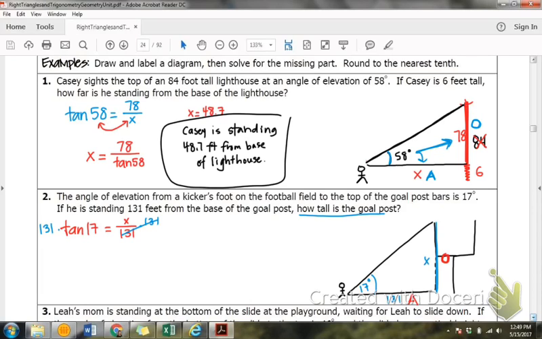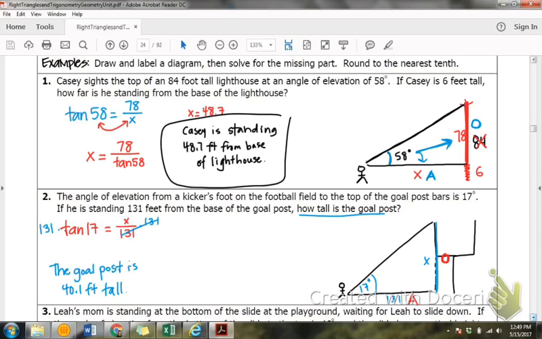Katie says 40.1. Does anyone agree with that? Okay, so our sentence would be, anyone? The goalpost is 40.1 feet tall.